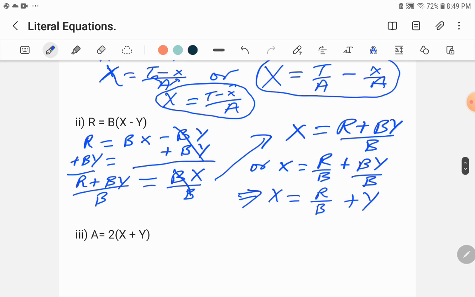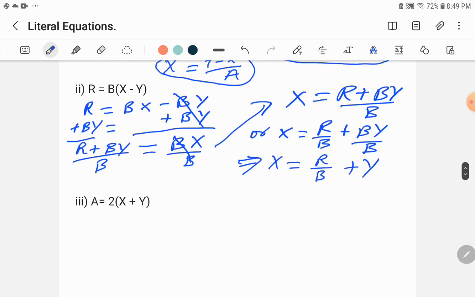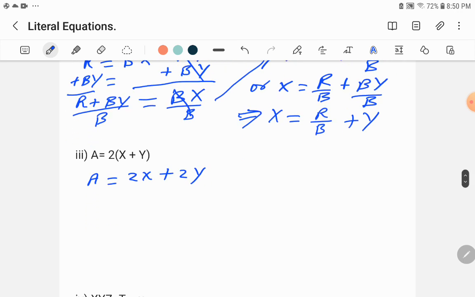Okay, let's look at the third one. So again, we've got to do distributive property. Remember, we're solving for x in all these questions. So here, using distributive property, we have 2x plus 2y. And now we can subtract 2y from both sides.